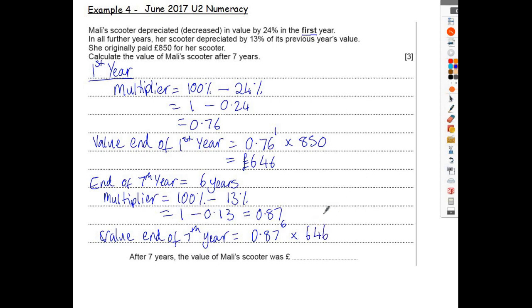That's where you may find it quite difficult, because remember it says here of its previous year's value, and the previous year's value is this 646. So typing that into your calculator, that will give you 280.1225, which for this you need in pounds, so £280.12.